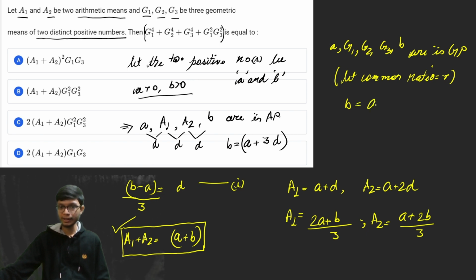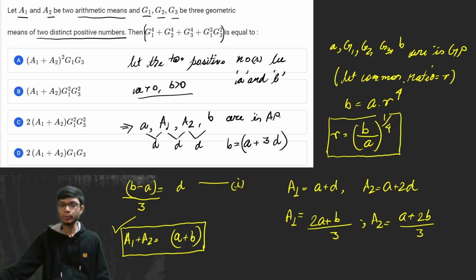B I can write as first term times R raised to the power n minus 1. B is basically the fifth term, so n is equal to 5. That means R to the power 4, and from here you will get R as (B by A) whole raised to the power 1 by 4. R is a positive value. So I hope you get the value of this common ratio.